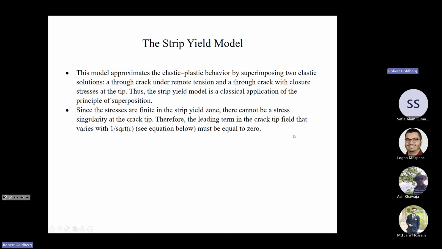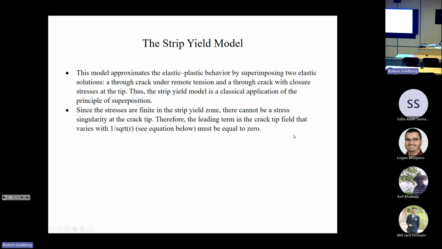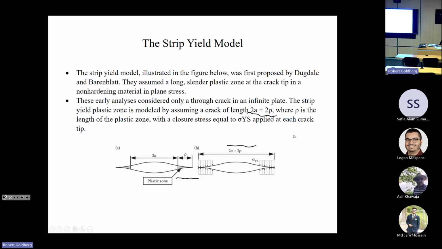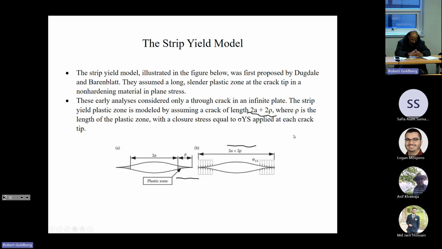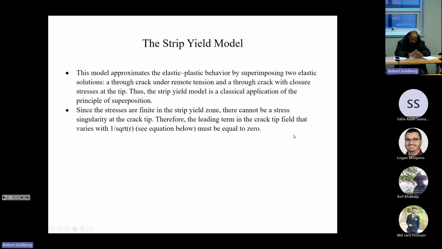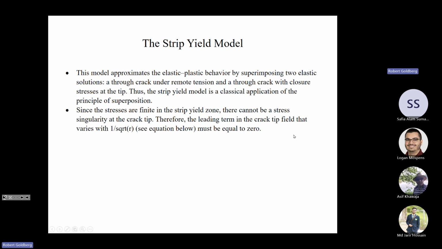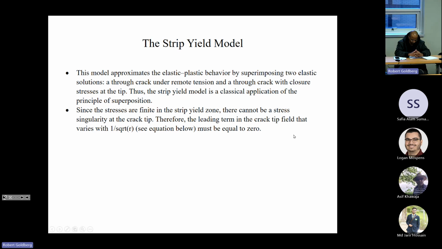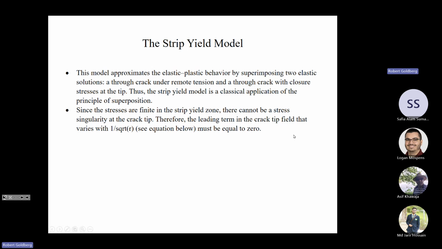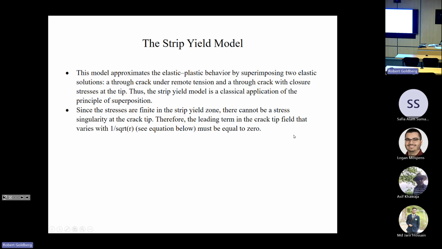We're superimposing two elastic solutions. We have our through crack under remote tension, and then we also have a through crack with closure stresses at the tip. So we take the purely elastic solution, then the crack with the closure stresses at the tip, we add them together and we get our total solution. So this is a classical application of the principle of superposition.